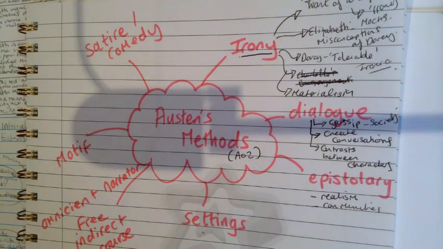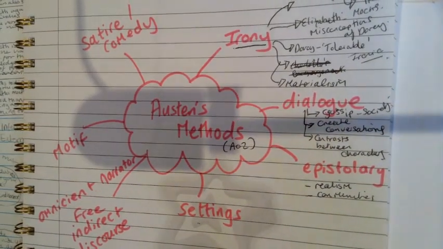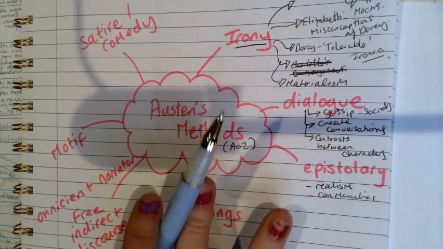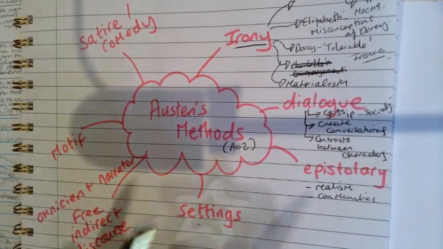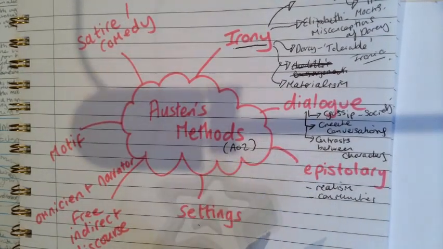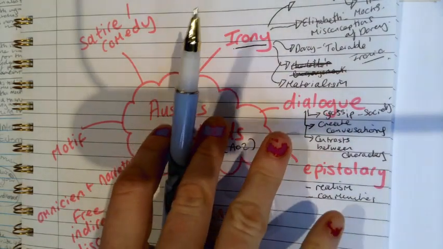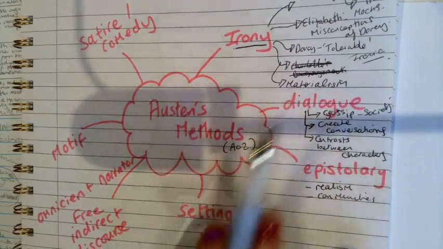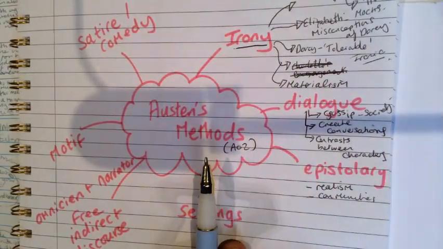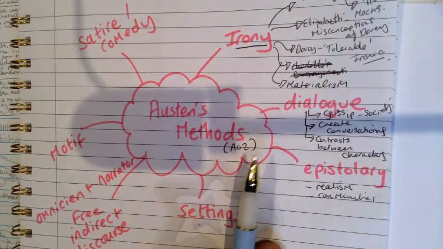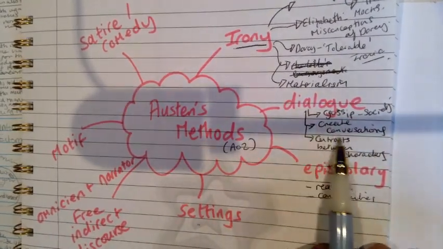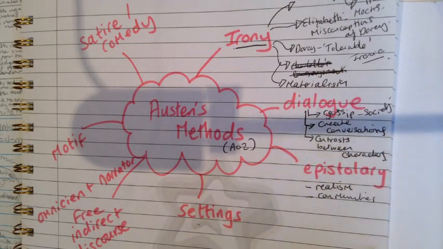So, we've spoken before about her using the epistolary form. If you have an extract and it's a letter, or if it comments on the fact that a character has received a letter or read a letter or is writing a letter, you might want to then draw in some AO2 about Austen's use of the epistolary form and how it creates this realism.